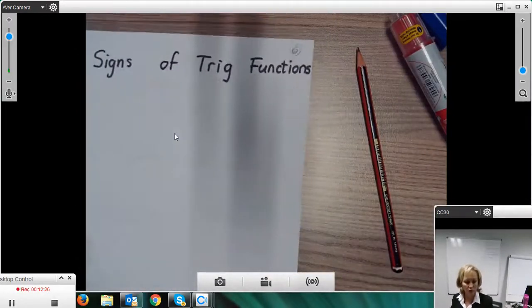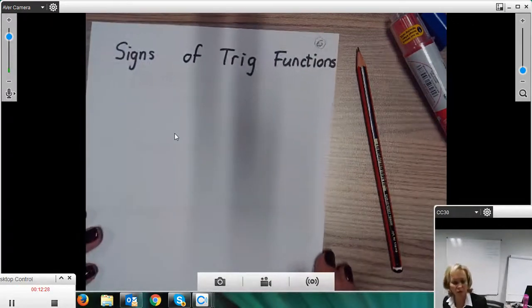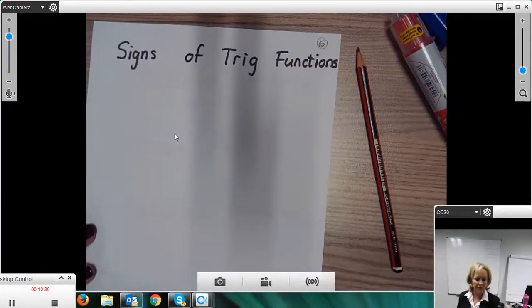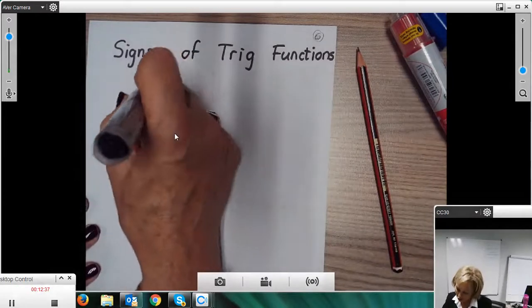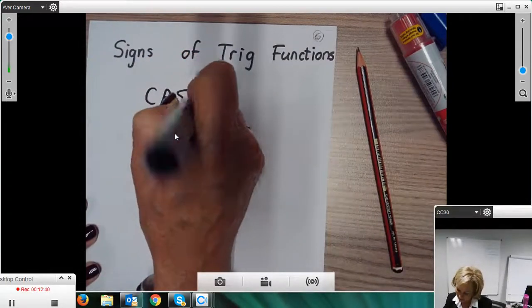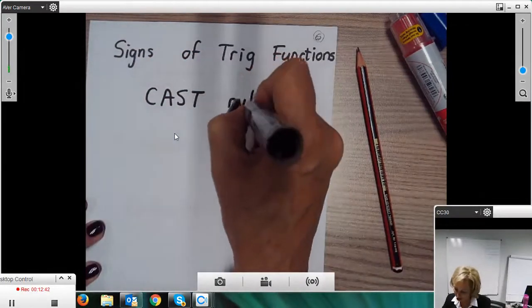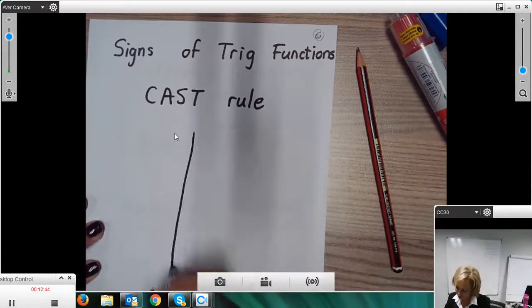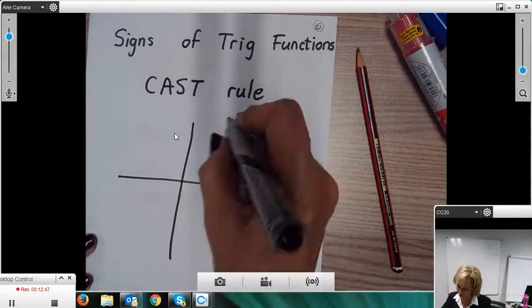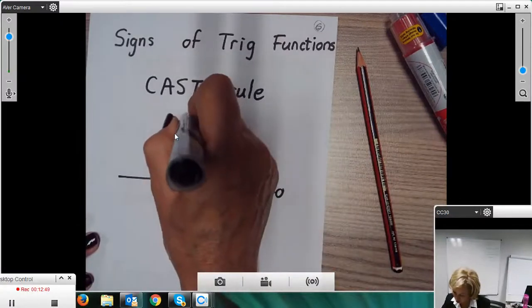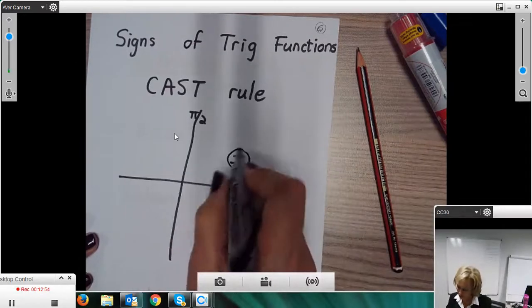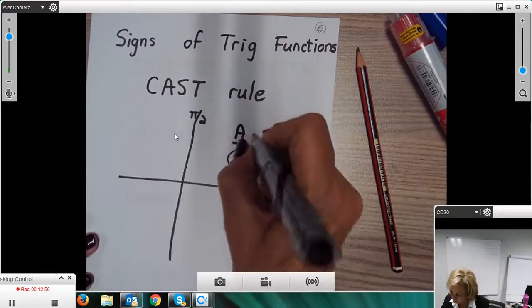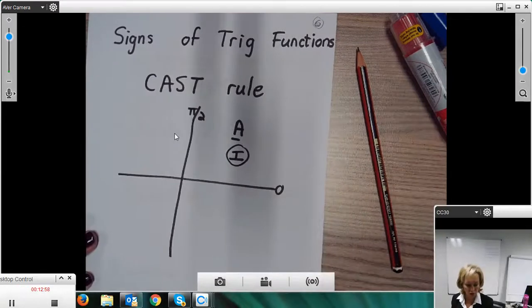Alright, let us have a look at the signs of the trig functions, because we've now spoken about the 4 quadrants. So does the position of the angle in a quadrant affect its sign? Okay, so this can be referred to as the CAST rule. So let's have a look at what happens in the CAST rule. In the first quadrant, we have that all the trig functions are positive.